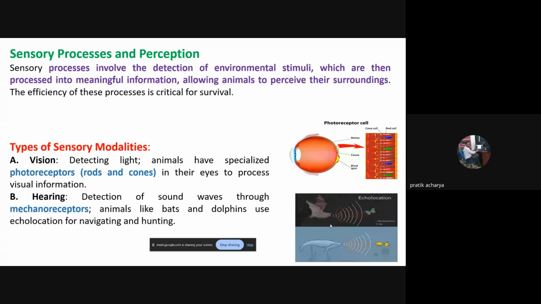Navigating purpose means moving purpose. Echolocation is used for navigating and for hunting, in dolphins and bats. Here the pictorial presentation of echolocation is there.